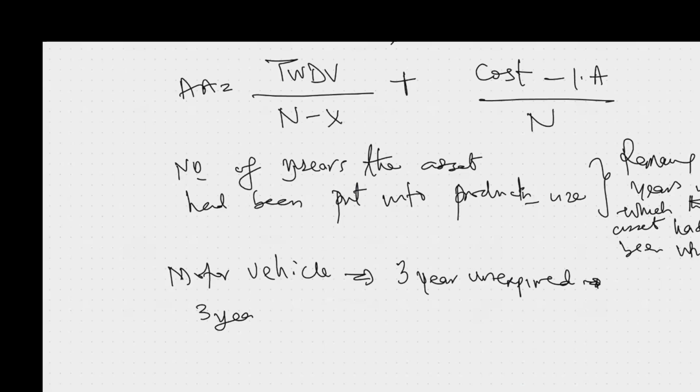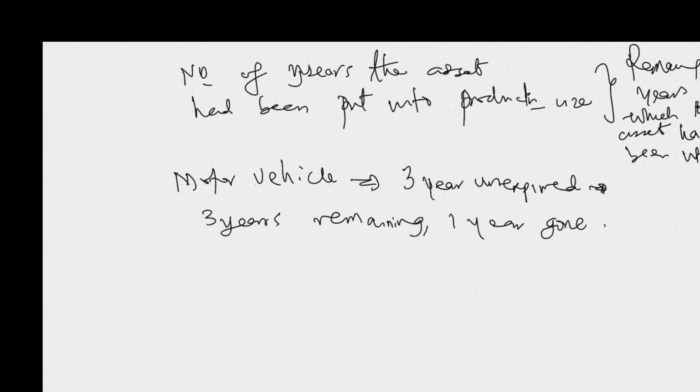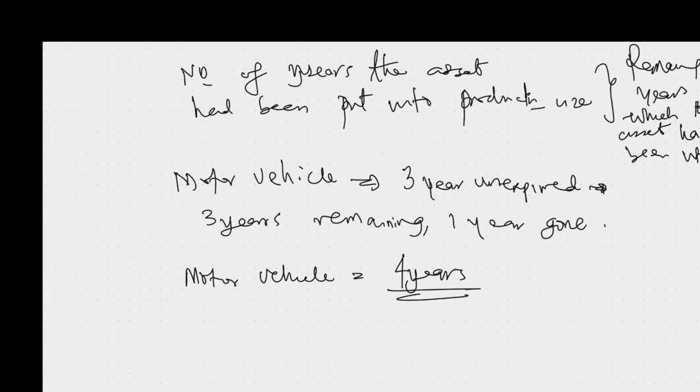That also means 1 year gone. How do I know that 1 year has gone and 3 years is remaining? Firstly, you must know the number of years motor vehicle is supposed to use. Motor vehicle is supposed to use 4 years. So if the examiner tells you 3 years unexpired, that means 3 years remaining, 1 year gone.